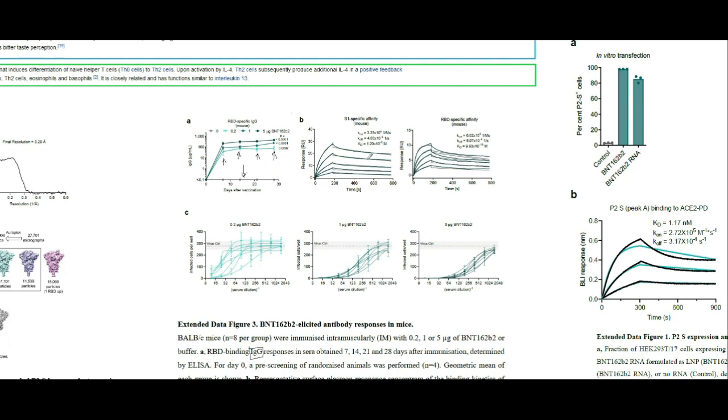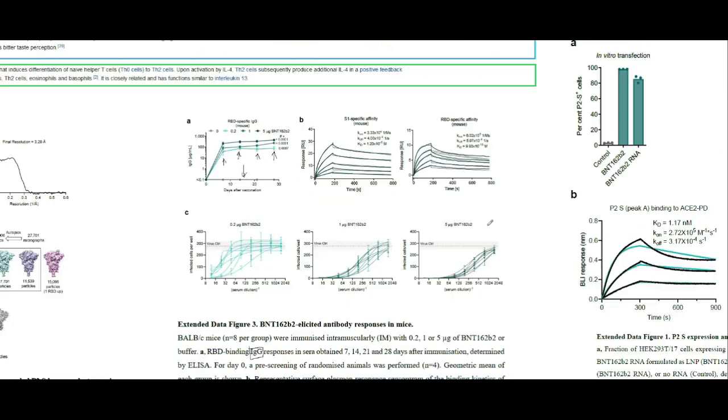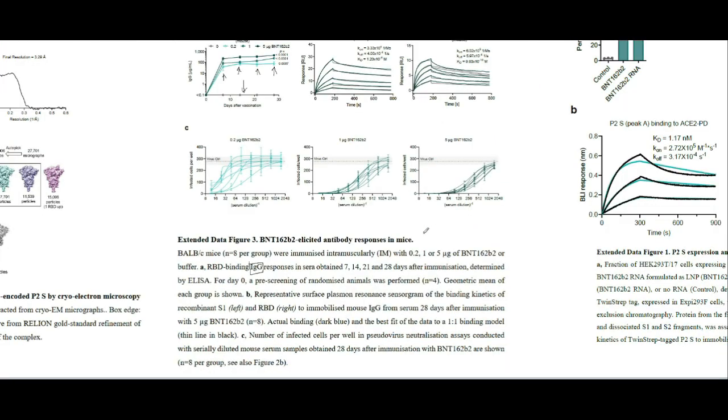And then over here we have the plasmon resonance assay, and that is looking at the binding affinity of their IgG from the serum, 28 days after immunization.